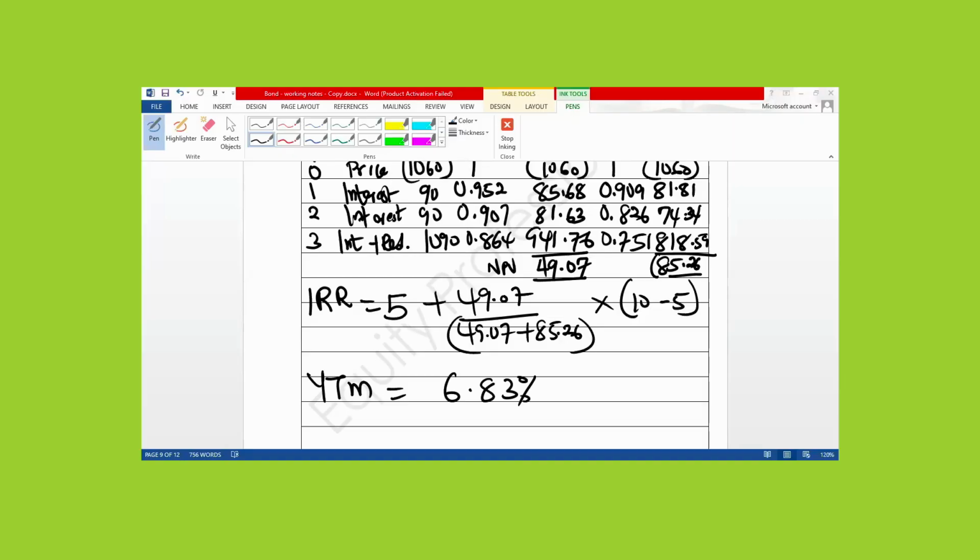Oh, no, it was just coincidence. The fact that we have gotten 6.83% was mere coincidence with the spot rate for year 3.